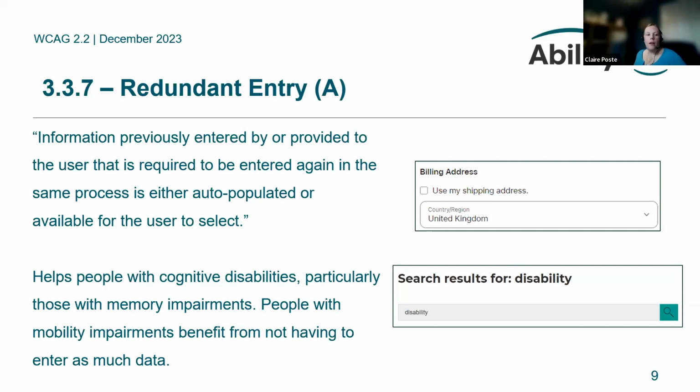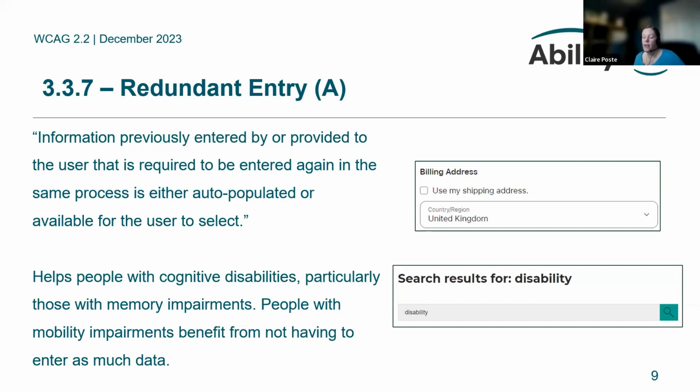So we have now moved on to redundant entry. And as Alice mentioned towards the beginning of the webinar, there are a certain number of criteria that have been particularly put in to help people with cognitive impairments and learning disabilities, and consistent help is one of those.